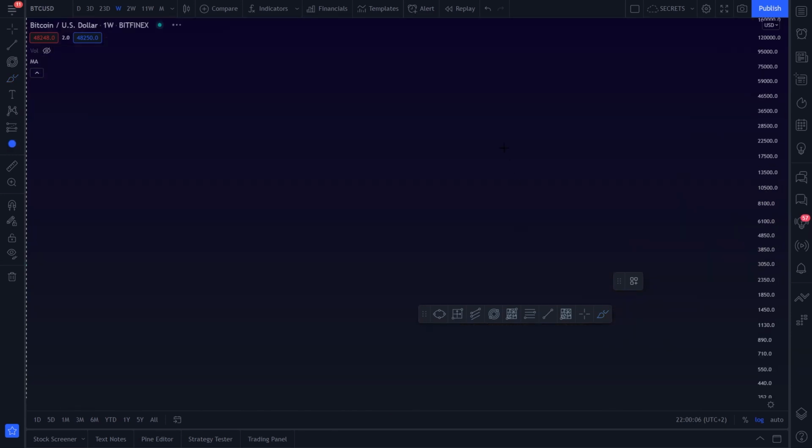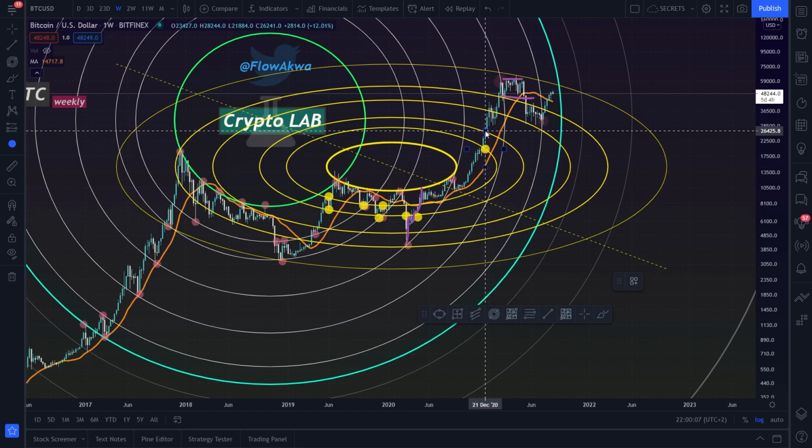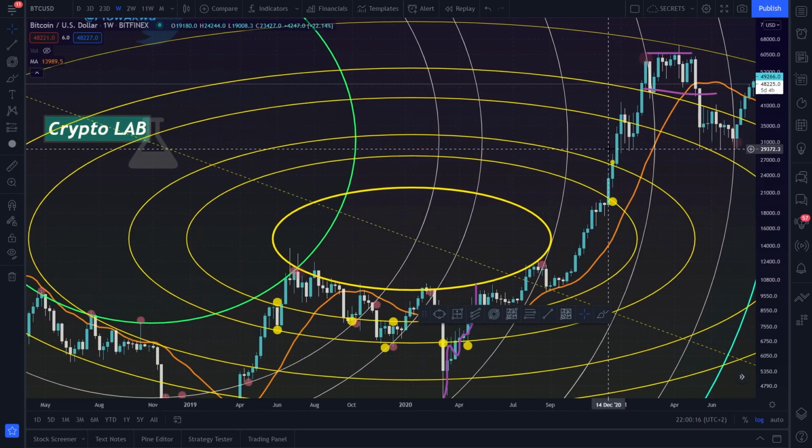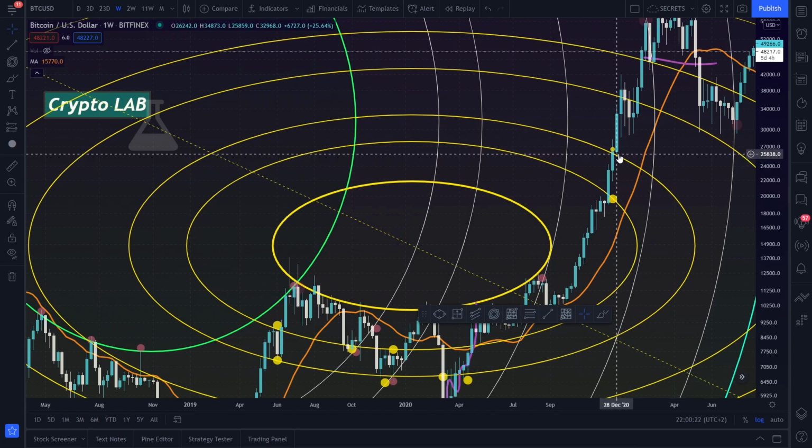What next? Here again it was a small resistance, because you can see the wick, right? You can see the wick like this, and then we used it as a support, a small support just right here, right?